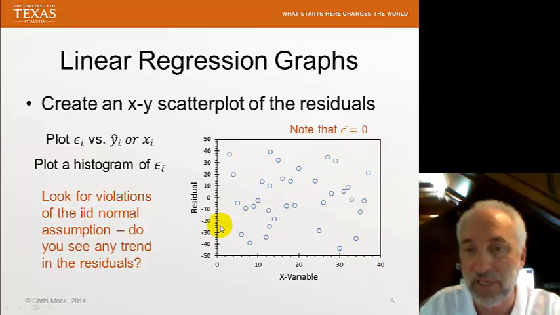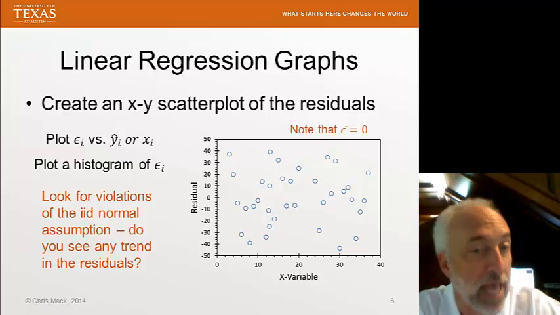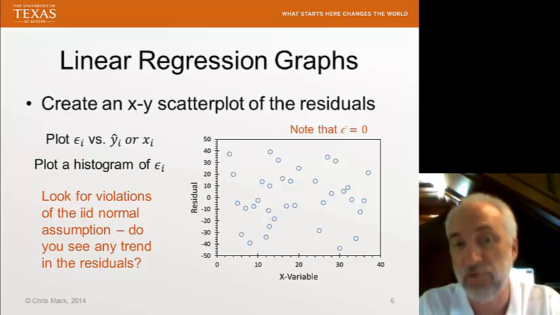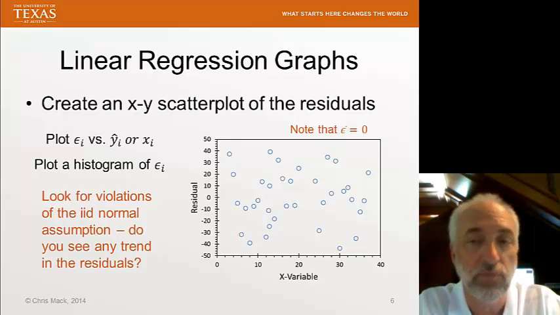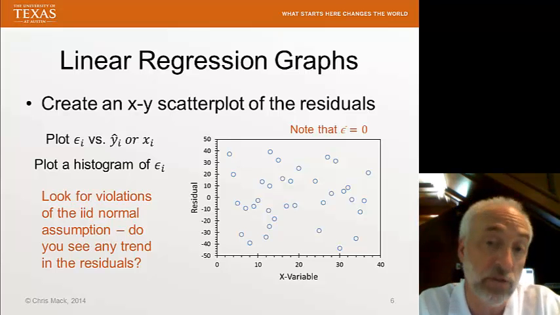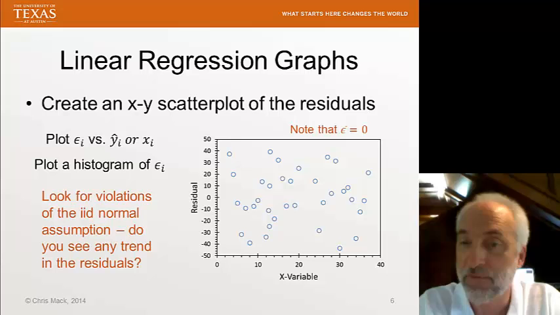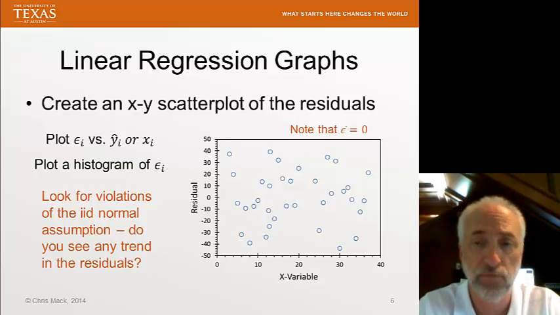That is, I can see that the variance of the residuals is varying as a function of X. If that's the case, they're not identically distributed. And we can see a violation in this assumption. That's one of the more common violations, by the way, that the residual spread is different in one range of X than in another range of X.